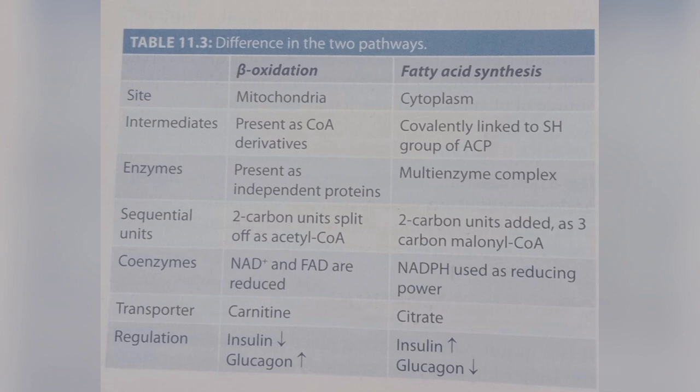Sequential units are 2 carbon units split off acetyl-coenzyme A, and 2 carbon units added from 3 carbon malonyl coenzyme A. Coenzymes are NAD and FAD, whereas for fatty acid synthesis it is NADPH. Transporters are carnitine, and for fatty acid synthesis it is citrate. Regulation. In our case, if insulin increases, it favors fatty acid synthesis, whereas glucagon inhibits fatty acid synthesis.